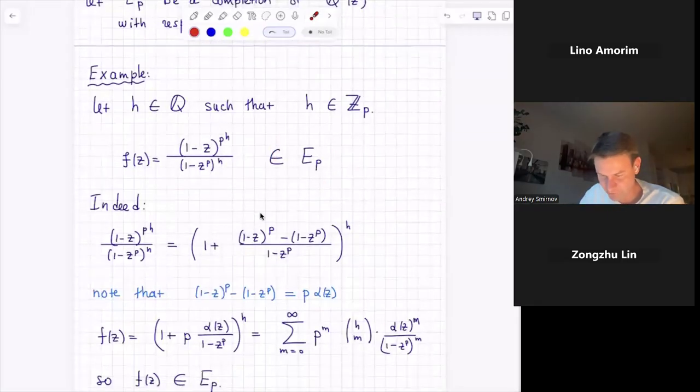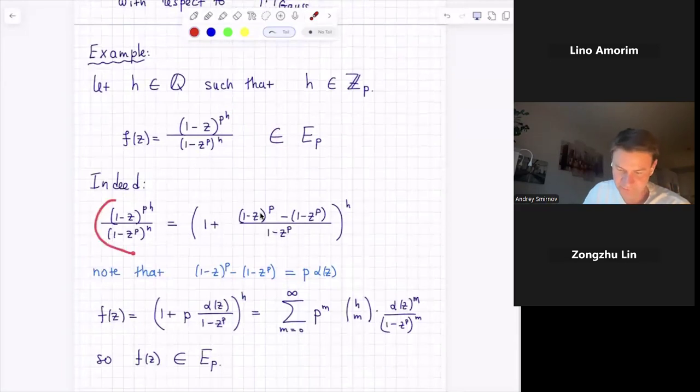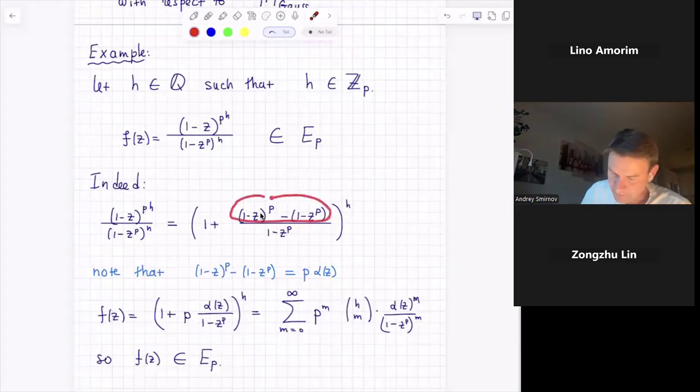And the way you see it is the following, right? You start with this function and you use very simple algebra to write it in this form. And then you note that this polynomial appearing here as a numerator of this fraction is proportional to p. So this difference is equal to some polynomial in Z times the prime number p.